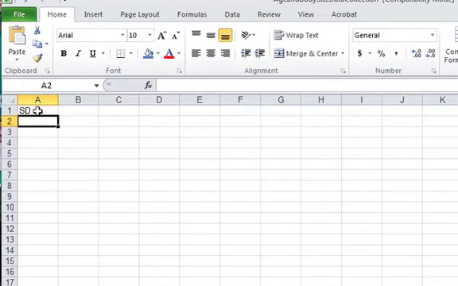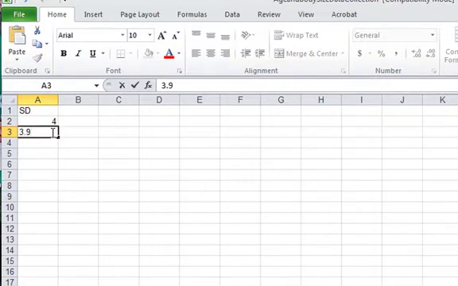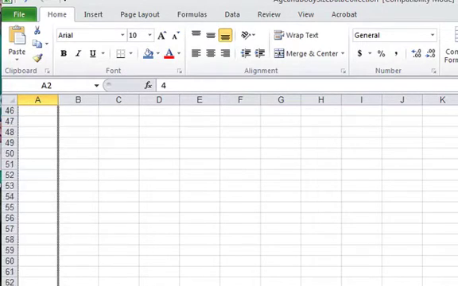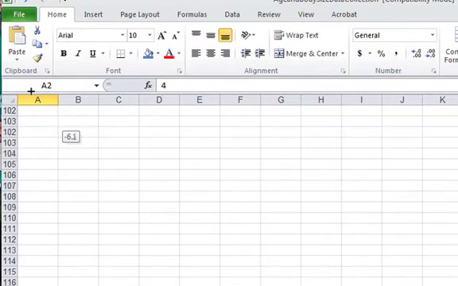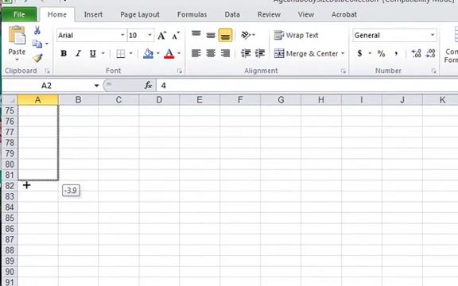So 4 standard deviations above the mean, and I'm going to go 3.9, and so on. These represent the number of standard deviations above and below the mean.